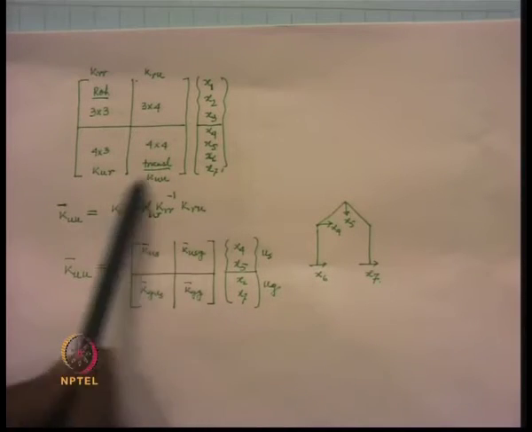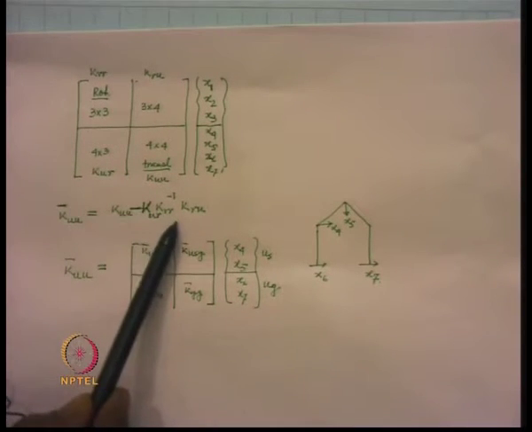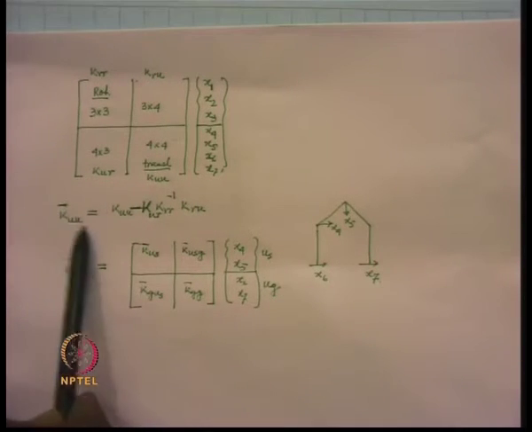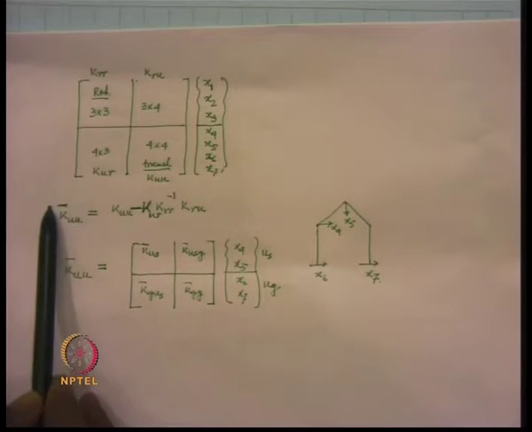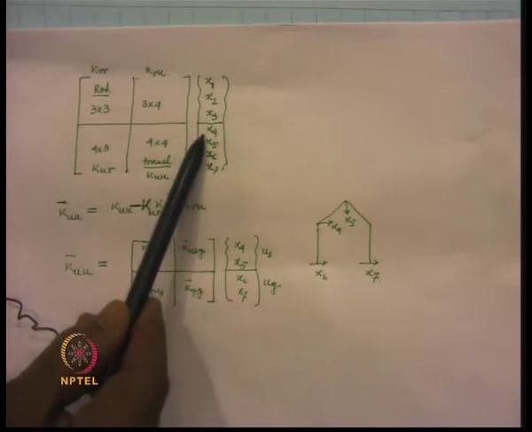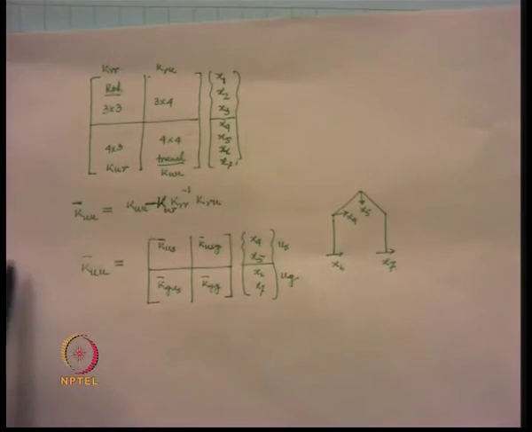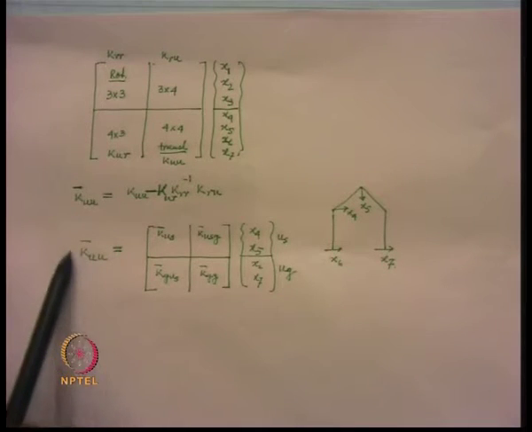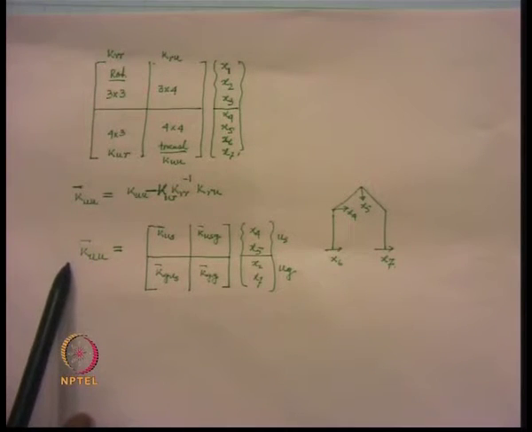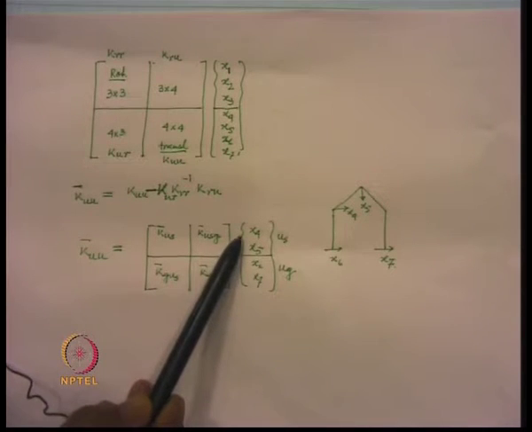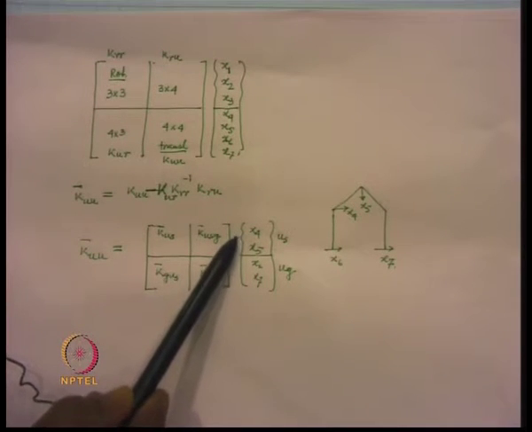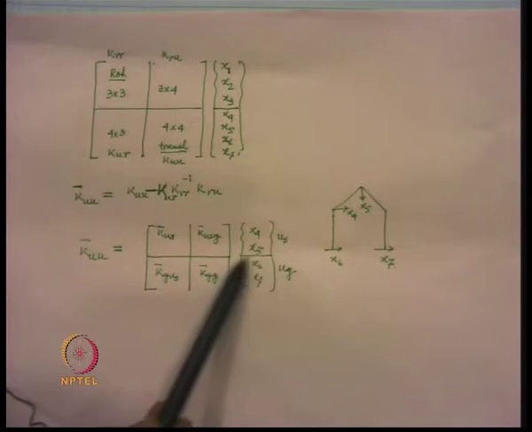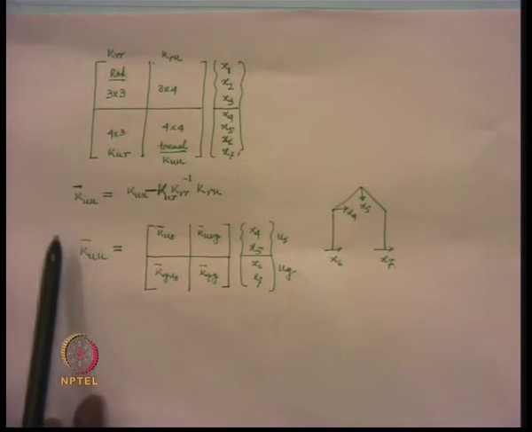So, that is a standard condensation procedure that I think all of you know, and once you do that, we get the condensed stiffness matrix corresponding to the translational degrees of freedom. This matrix K bar uu is now of size 4 by 4, and the degrees of freedom involved are x4, x5, x6 and x7.